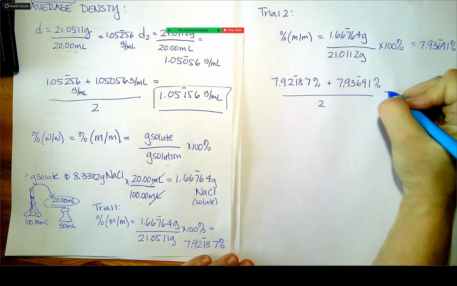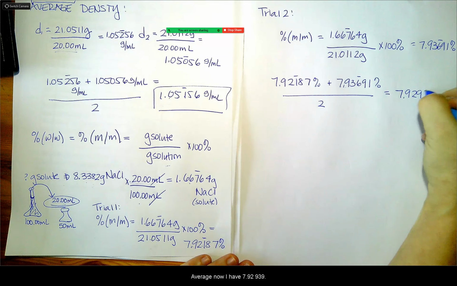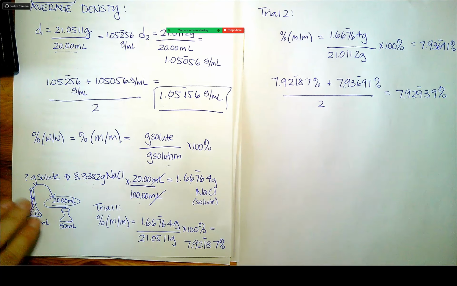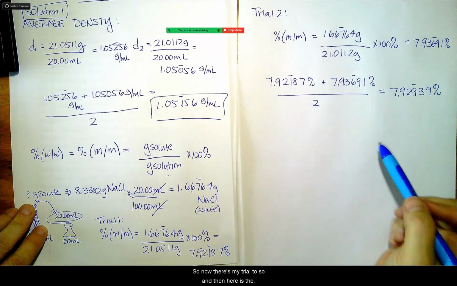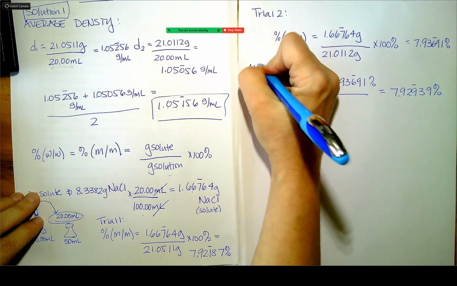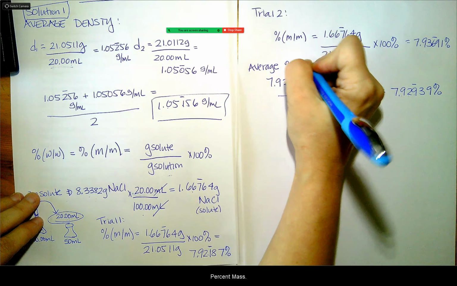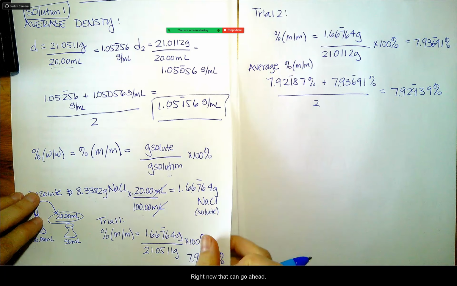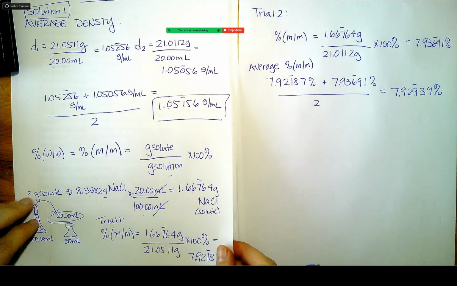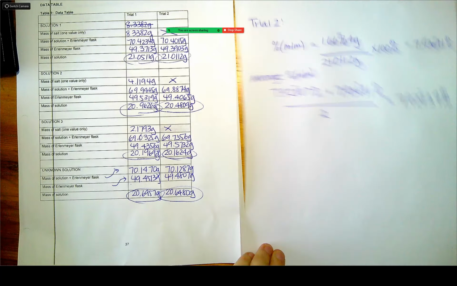So in my average now I have 7.92939 for sig figs. So now there's my trial 2, and then here is the average. Make sure I label it, percent mass. All right, now that can go into our table.